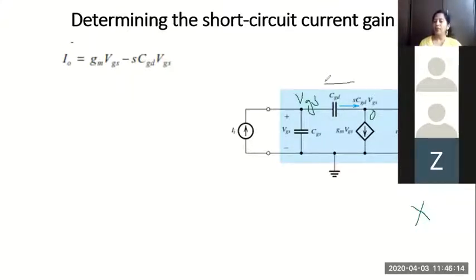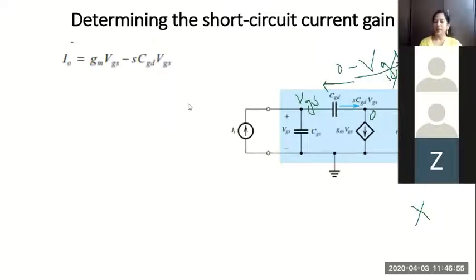So if I try to find the value of current IGD like this, the voltage drop will be 0 minus VGS, divided by the impedance across the capacitance, 1 by sCGD. So what do you get? You get minus VGS divided by 1 by sCGD, which is nothing but minus sCGD VGS, as shown here.